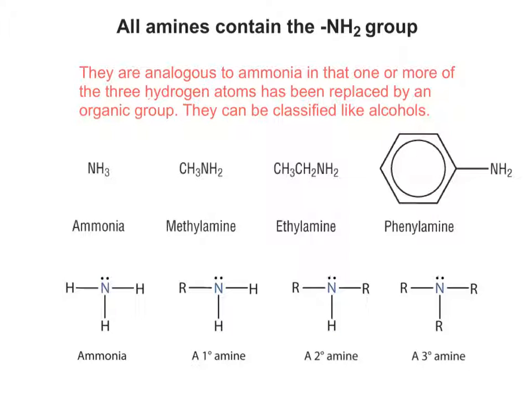So the main thing about amines, they contain the NH2 group, and NH2 contains a nitrogen atom, and that nitrogen atom has a lone pair. So if the hydrogens in the NH2 group are slowly replaced by R groups, meaning organic chains of some kind or organic structures of some kind, then you get a primary, a secondary or a tertiary amine.